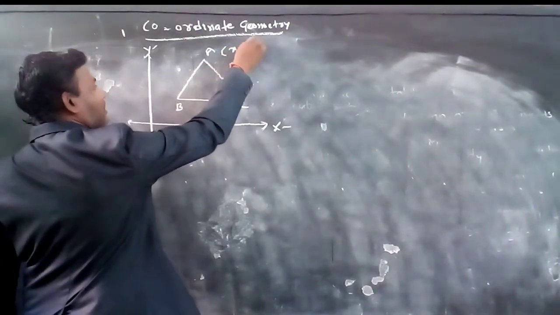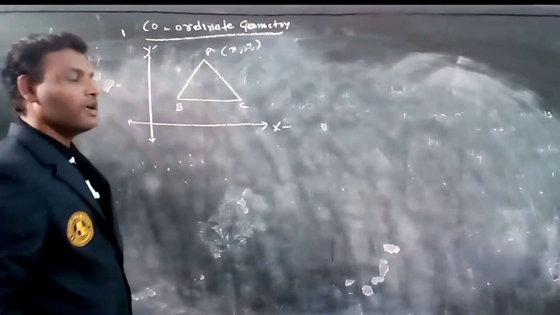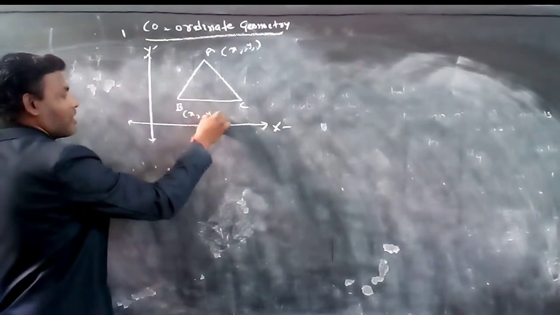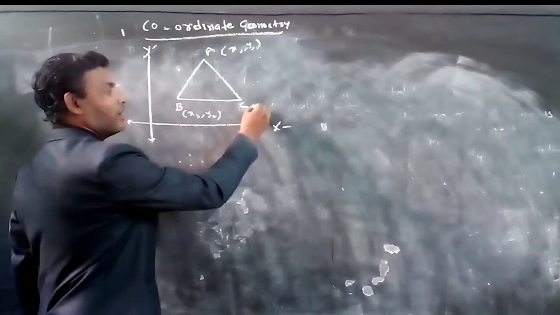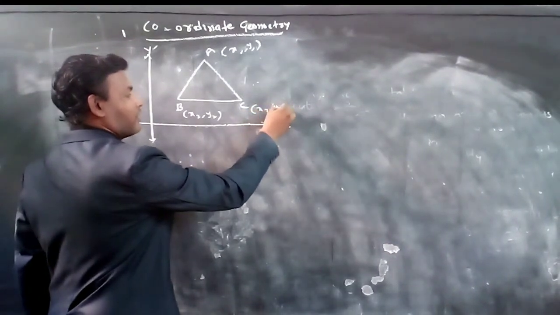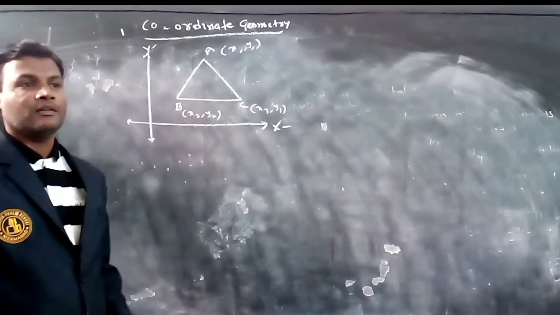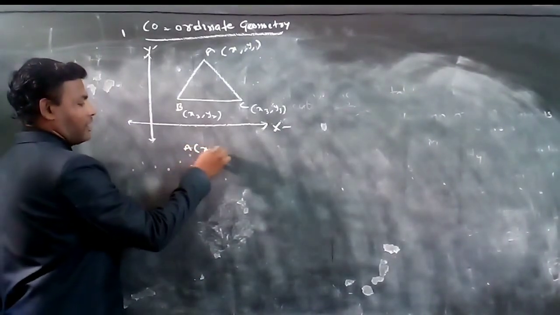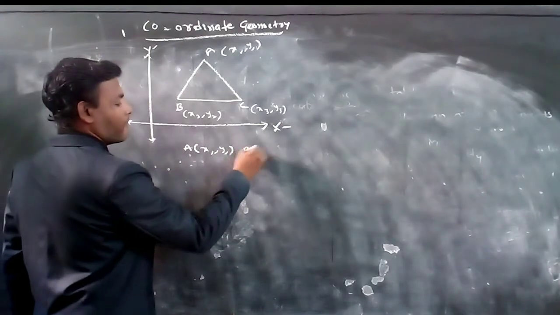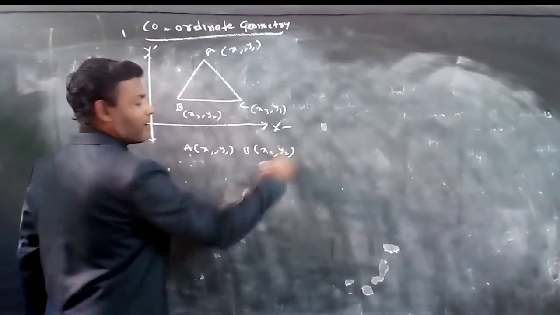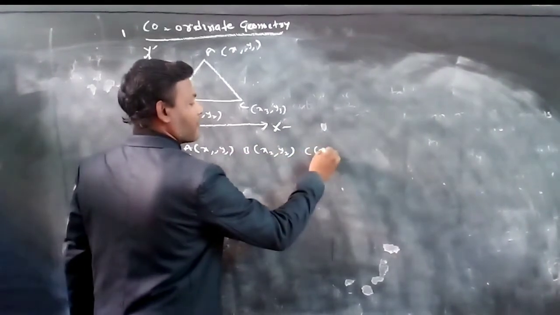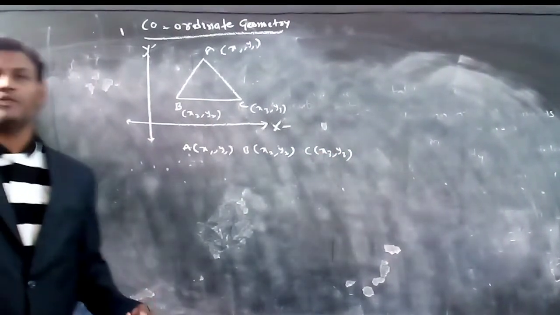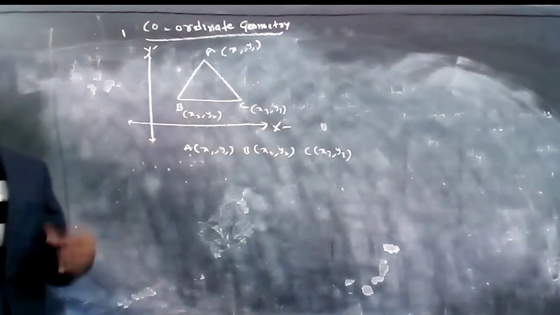Let the coordinates of A be x1, y1, the coordinates of B be x2, y2, and the coordinates of C be x3, y3. So here I have three vertices.